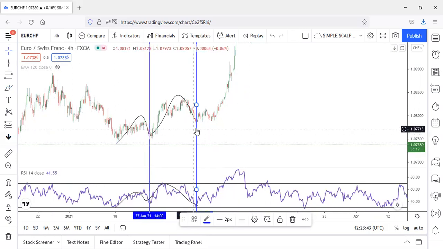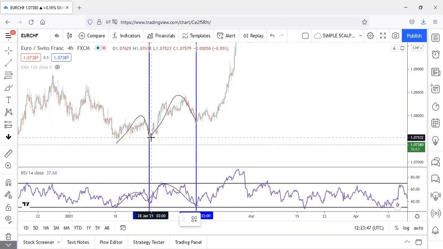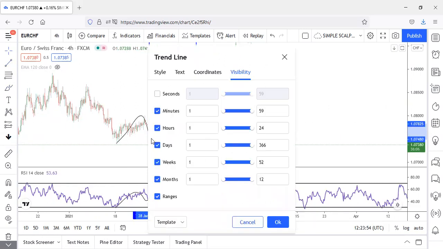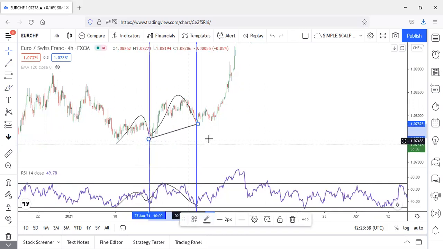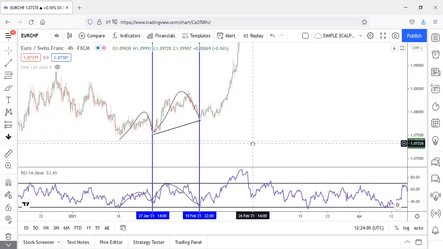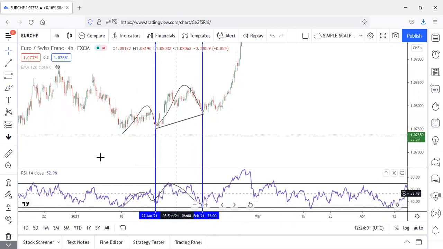So once you spot this area, the next thing you want to do is connect the two higher lows together. Then look out for your oscillator, connect the same areas together within the two vertical lines.